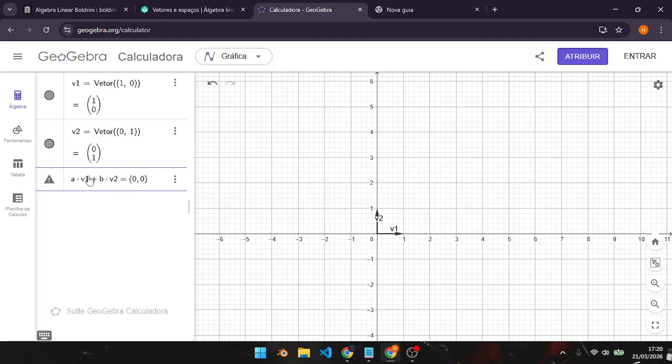When I do this, I come up with a system, and a and b need to be 0. If one of them is not 0, then that means that at least one of the vectors in this set, which could be much larger by the way, is a linear combination of another vector.